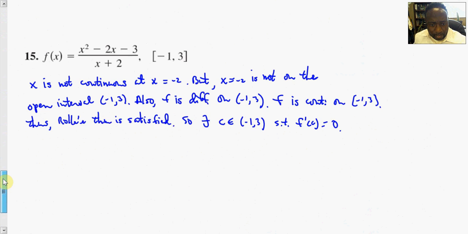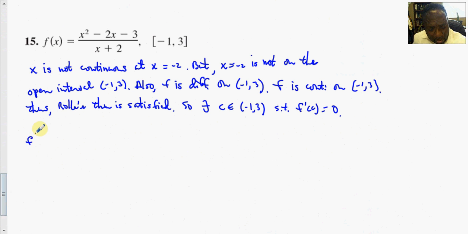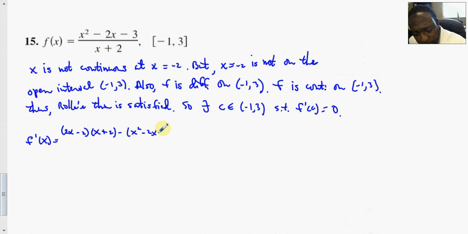Let's see. So we take the derivative. F prime of X is equal to the derivative of the numerator, which is 2X minus 2, times our denominator, X plus 2, minus the numerator, put that in parentheses, times the derivative of our denominator, which is 1, all over our denominator, X plus 2, to be squared.